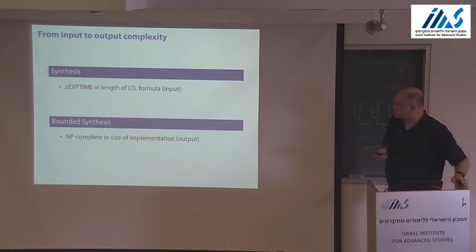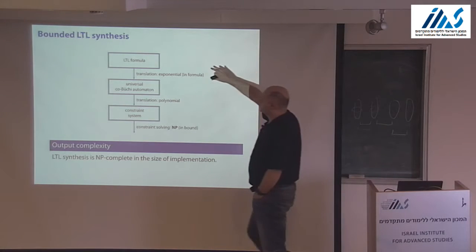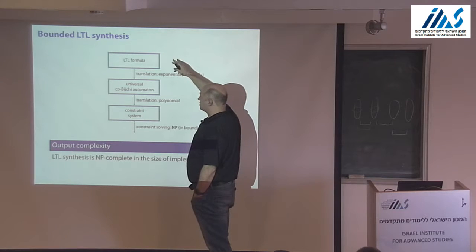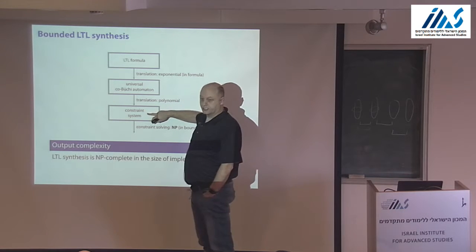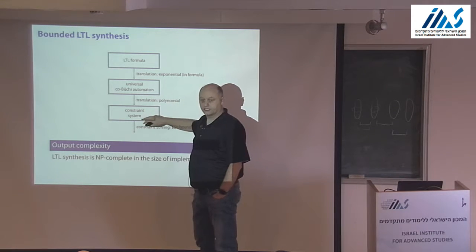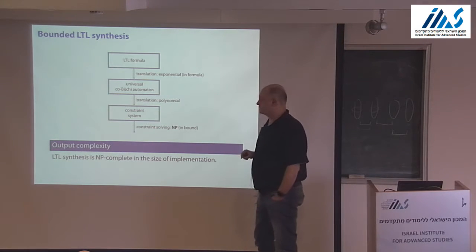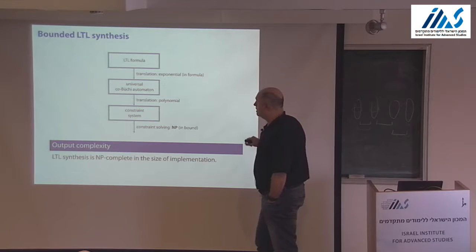Okay, so what do we do? We again start with the LTL formula, and we translate the LTL formula now into a constraint system, for example, into a SAT problem, and then use a constraint solver to find a solution.